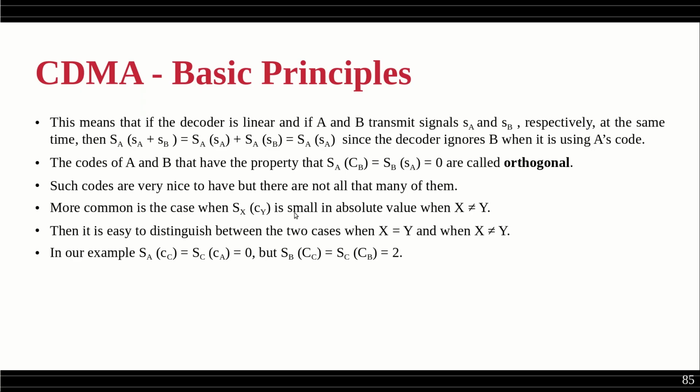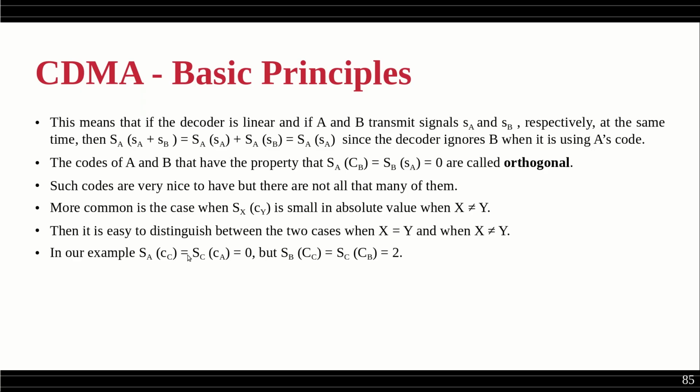In our example, you can cross check. We already saw that when you decode B's data using A's chipping code, you get 0, which means the orthogonality between A and B is maintained, as we verified already.